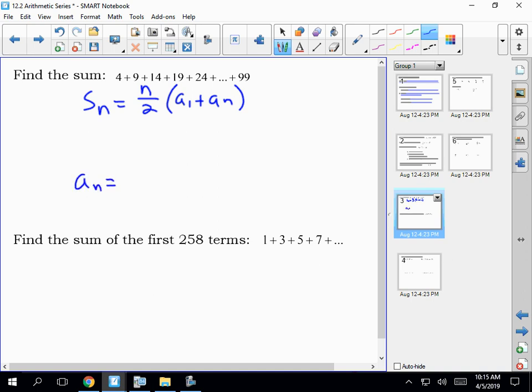So for those of you who want to see what's going on in Wyatt's head there, we've got this formula for finding the nth term, and that's what you're doing. To find n, we know the difference is 5, we know the first term is 4, we know the last term is 99.